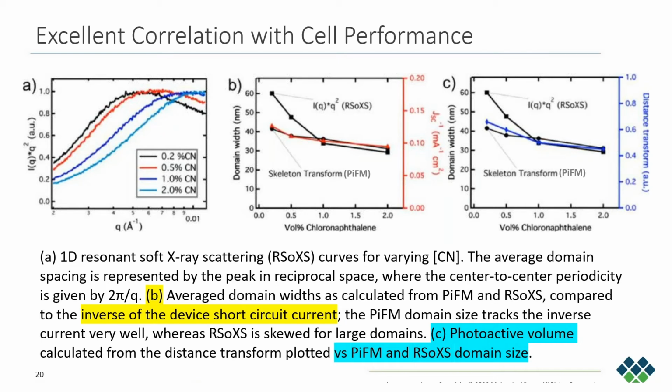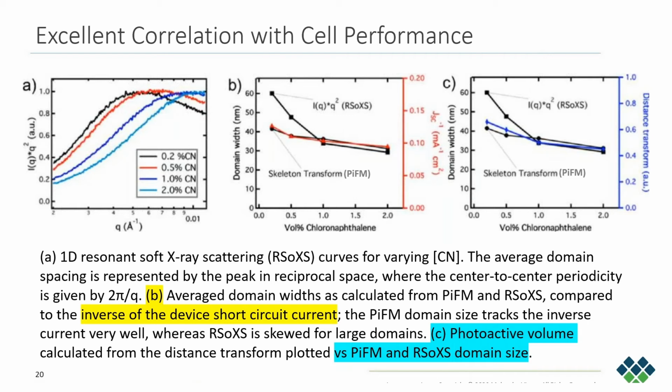You can see in B, where they are looking at the inverse of the device short circuit current, that the domain width calculated via PFM corresponds much better with the device short circuit current shown in red.